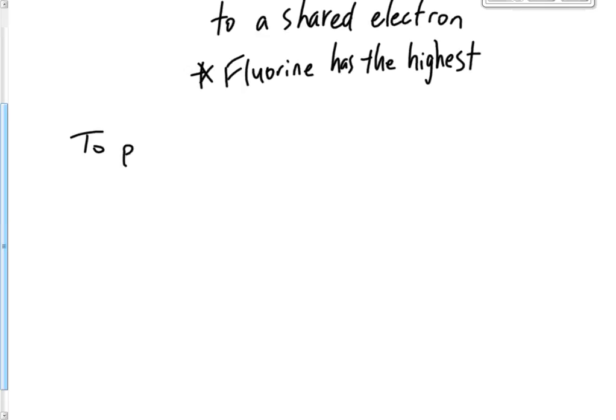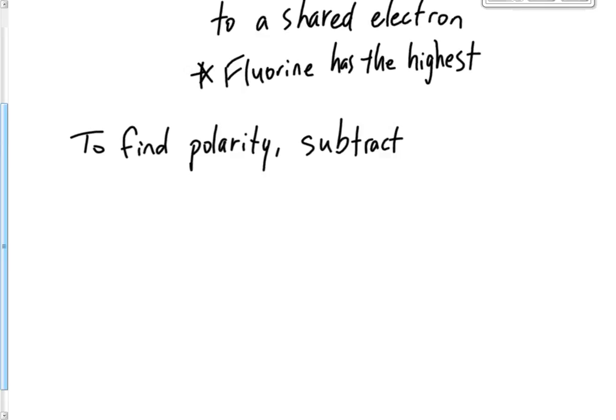So to find polarity, you are going to subtract electronegativity values of each element.